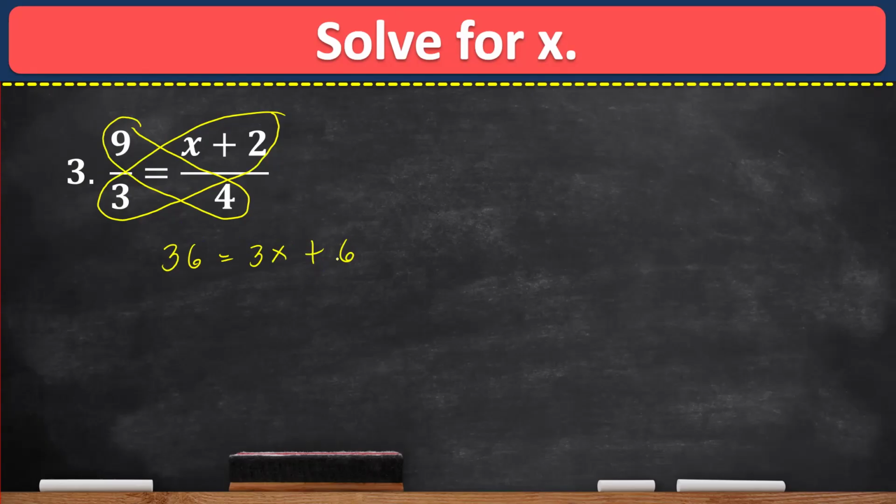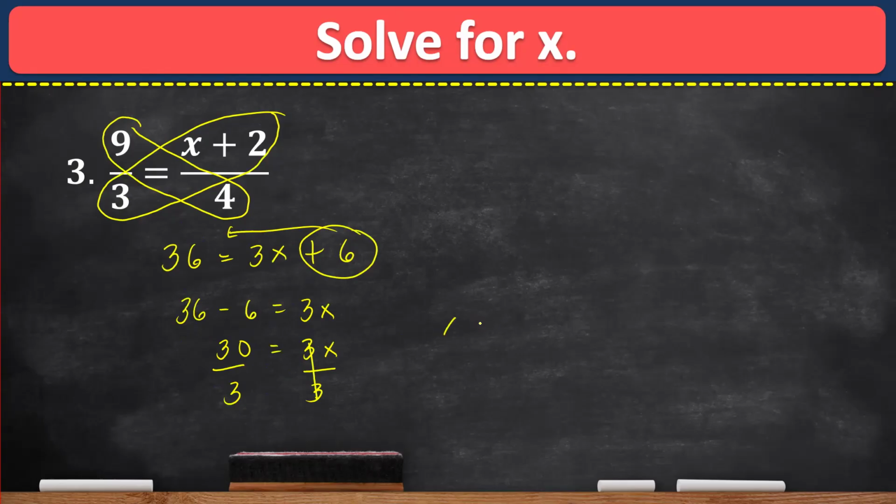Then, to solve for x, first transpose positive 6. So we're going to have 36 minus 6 equals 3x. Then combine, 36 minus 6 is 30 equals 3x. And then divide both sides by 3. So x now is equal to 30 divided by 3, that is 10.